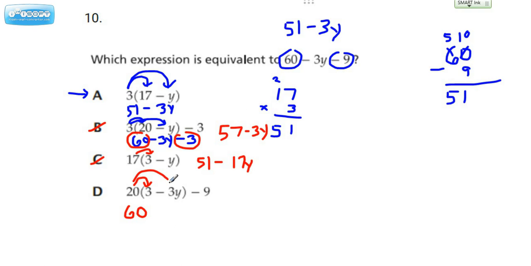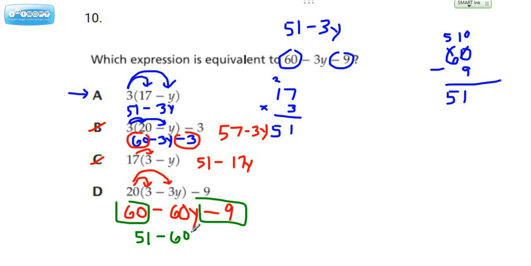And if we have 20 groups of taking away 3 yo-yos, that's going to be taking 60 yo-yos away. And then we have to subtract 9. If we do 60 minus 9, that's going to give us 51, but then we'd still have to subtract the 60 yo-yos from it. And that does not match what we have right here, so we would reject that one.